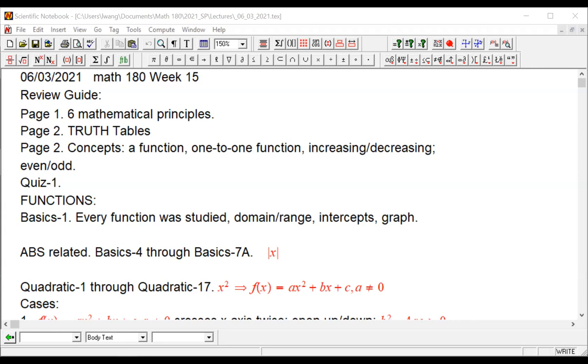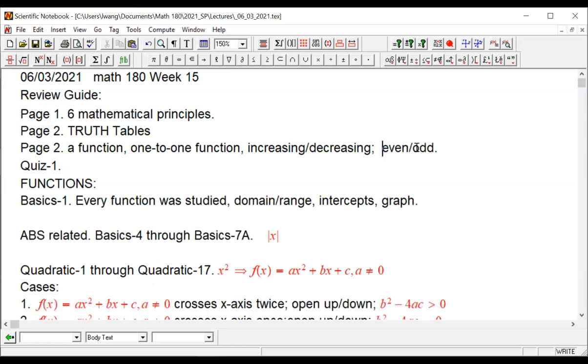Okay, truth table. To me, these are basics, very basics. You will be encountering these concepts over and over again. Because at the beginning of calculus class, they start with function, right?